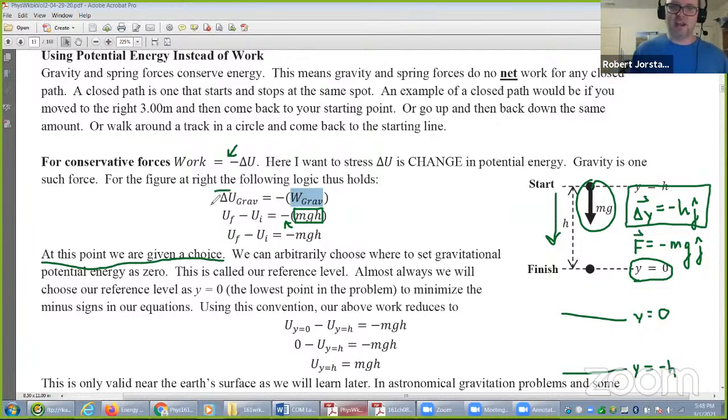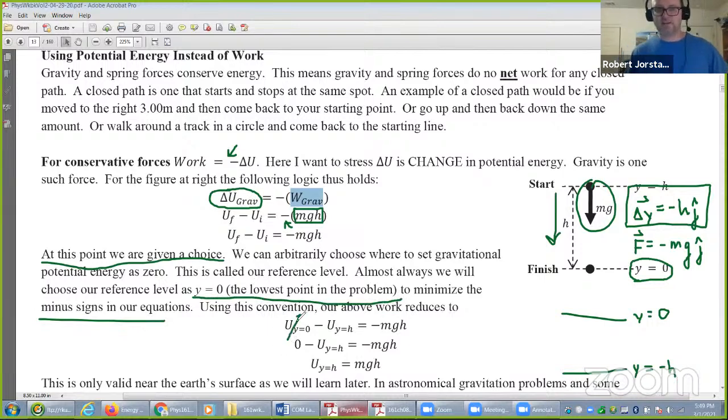So notice the change in potential energy should always be the same as well. That said, generally speaking, unless you have some good reason to do otherwise, and we will encounter one possibly today, unless you know otherwise, set y equals 0 at the lowest point in the problem. This just reduces the number of minus signs.